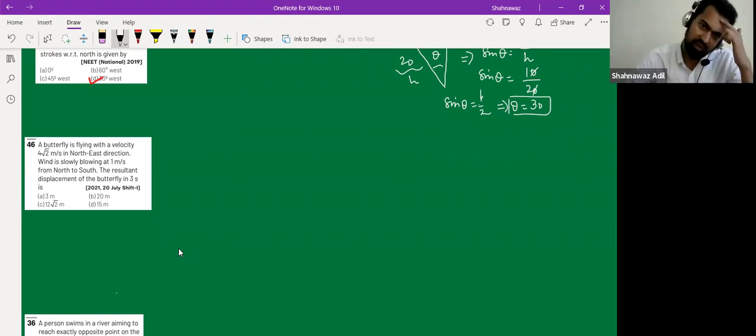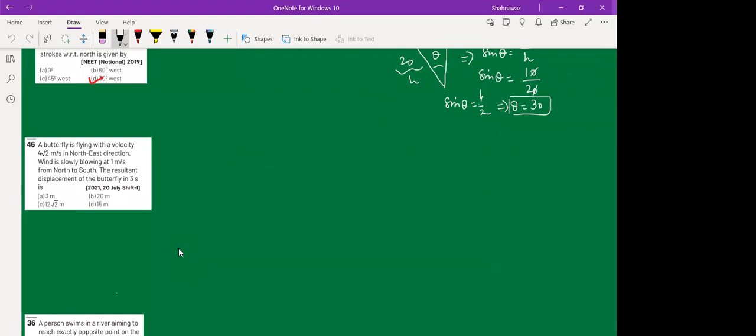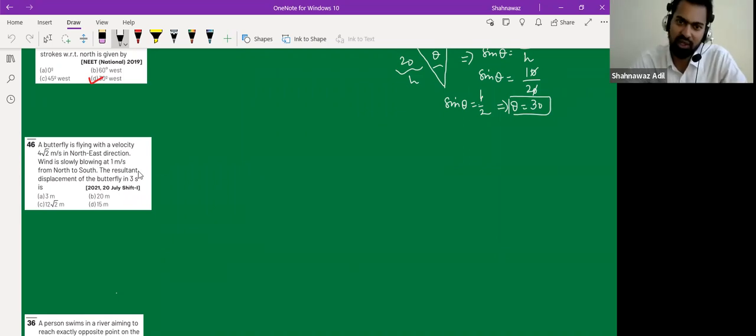Arpit, is this case 1 or case 2? This is case 1, na? So this is blowing in the medium, right? So the butterfly is in the medium.